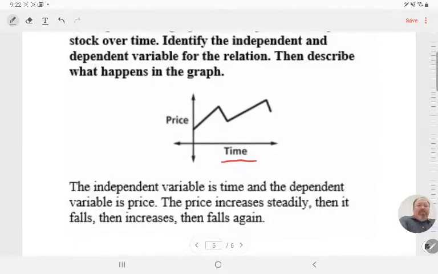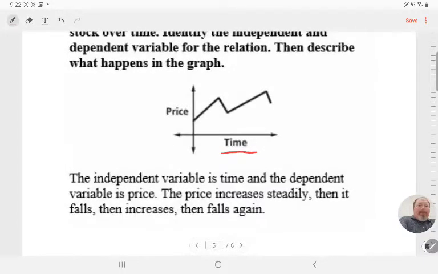So the price is my dependent, okay? And I could say the price increases steadily, then it falls, then it increases, then it falls again, okay? And that's how I would describe that graph. All right.